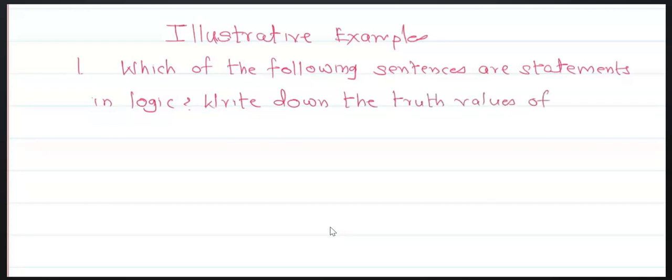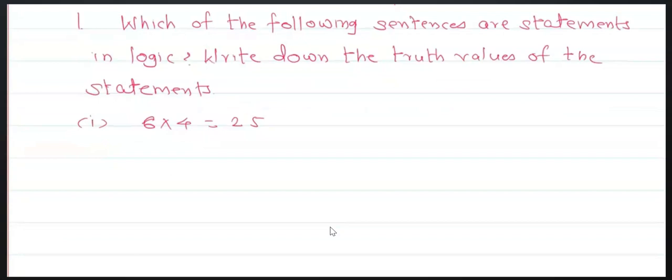Write down the truth values. 6 into 4 equals 25. Now this is a statement. Its truth value is F, false. This is a statement, but what is its truth value? False.